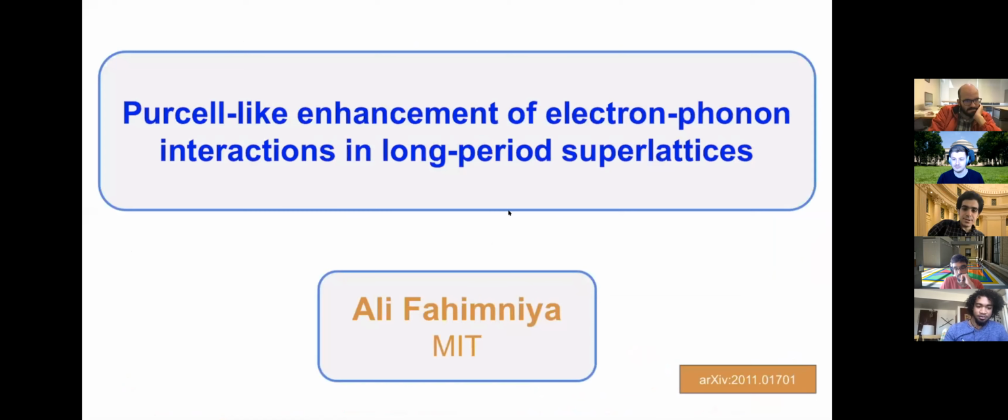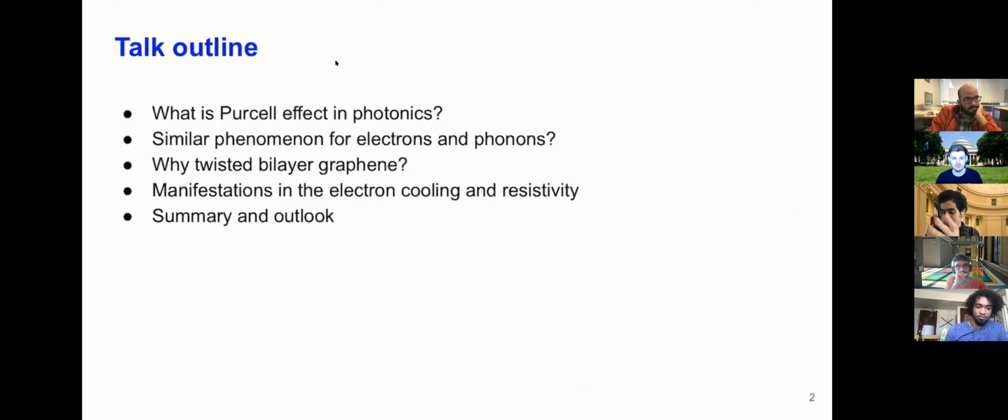With this background, what I'm going to talk about is this Purcell-like enhancement. I will say what I mean by Purcell-like, but in general, it is about electron-phonon interactions in long period superlattices, Moiré graphene, for example.